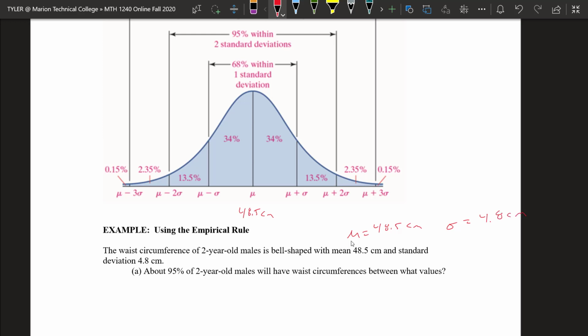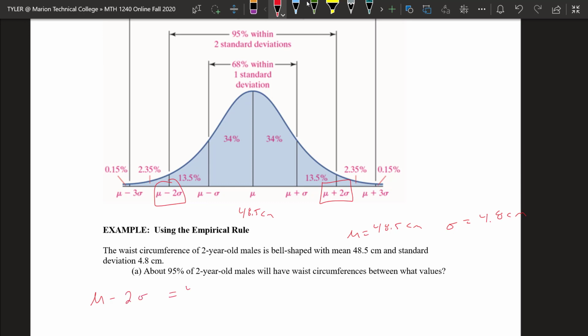It says about 95% of 2-year-old males will have waist circumference between what two values? So the 95% would be 2 standard deviations away, both of these two things. In other words, what you're going to want to do is take mu minus 2 times the standard deviation.